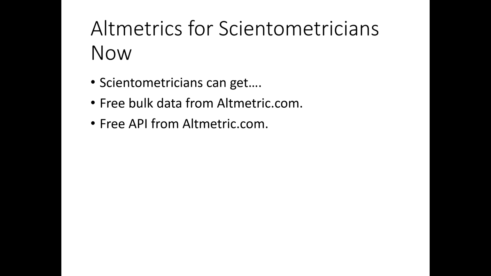There's an API with altmetric.com, a computer programming interface that allows you to query their database for specific Altmetric scores. And there are other APIs that can give you Altmetric data, such as the Mendeley.com API, which will allow you to query for the Mendeley reader information for any article.